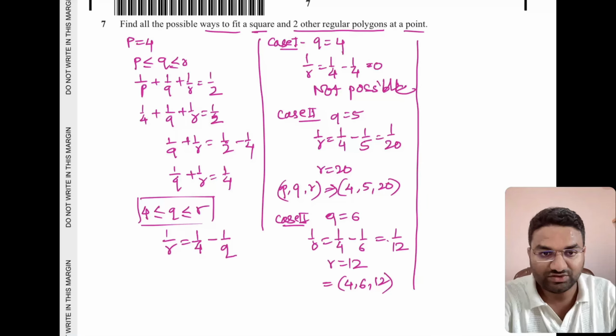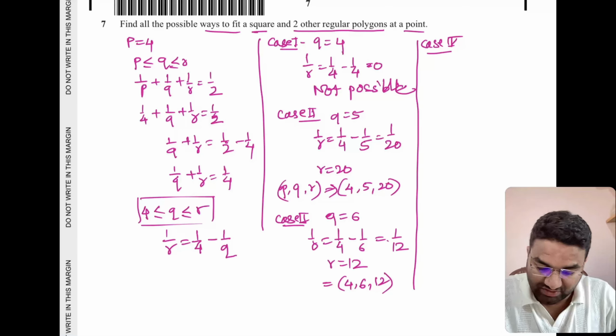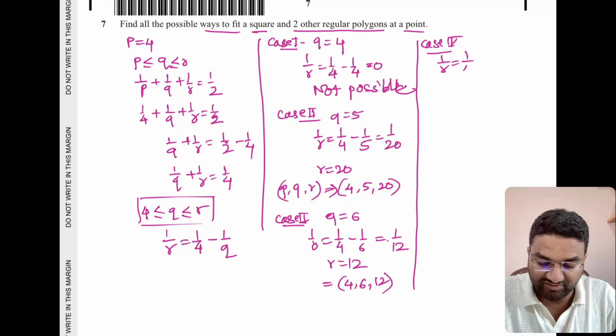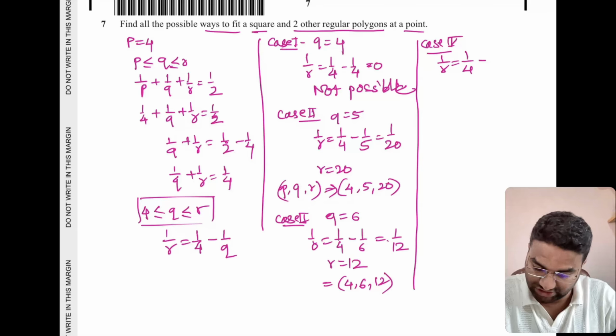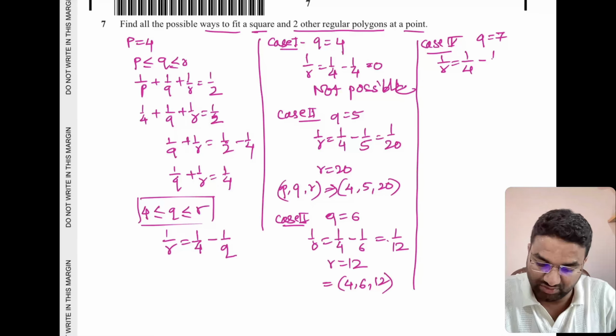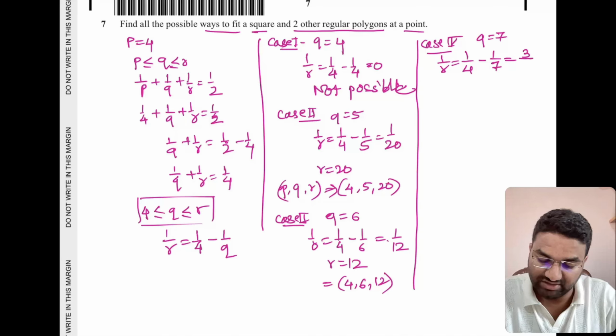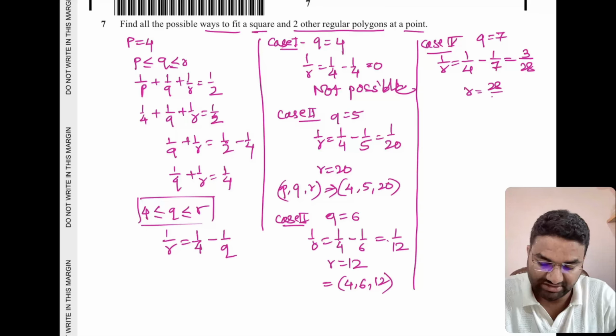Then next case 4. So we have to figure out all these cases. 1 upon R is equal to 1 upon 4 minus 1 upon 7, taking Q is equal to 7 now. So when you substitute 1 upon 7, we'll get 3 upon 28. So that's not possible. R is equal to 28 by 3 is not an integer.